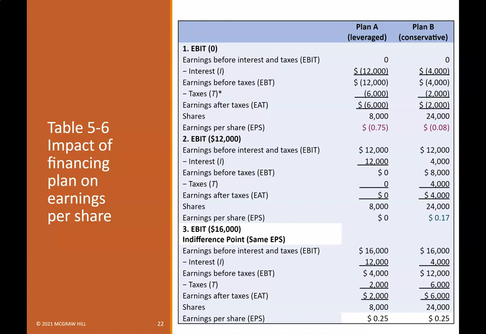The second is the earnings before interest and taxes for both the leveraged and the conservative plan, with their income being 12,000. And the third is the earnings before interest and taxes at 16,000 for both a leveraged and conservative plan. The indifference point on the earnings per share is at this level because the earnings per share is the same under both plans.